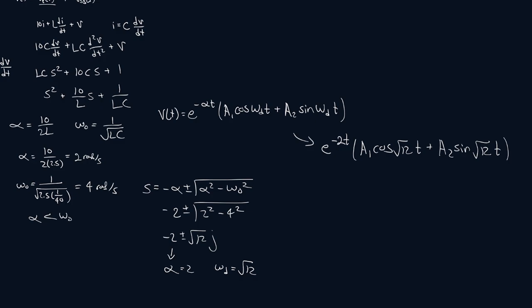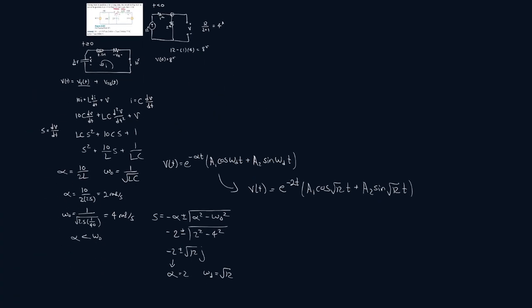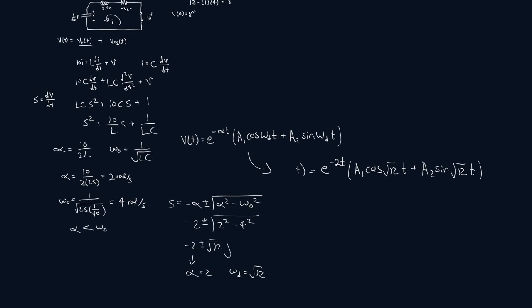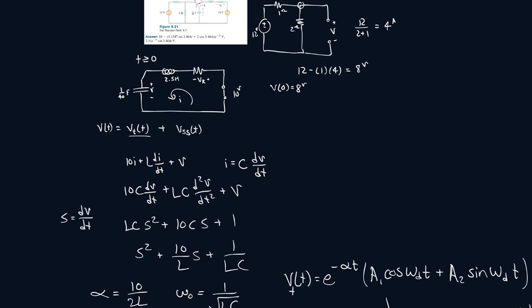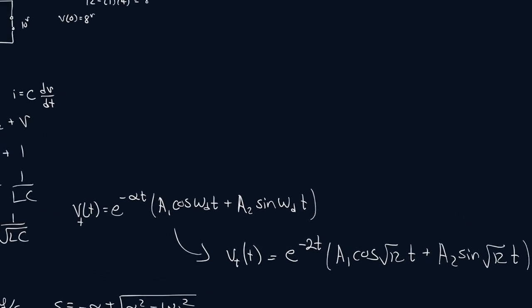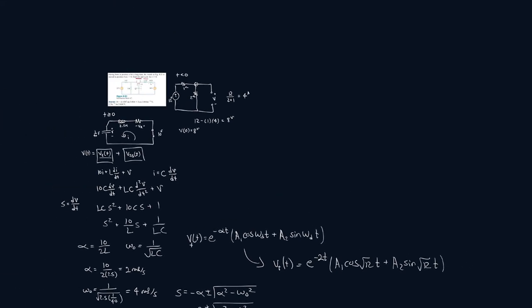Now all we have to do is find A1 and A2, and obviously this is equal to the transient voltage. So if you recall, we just solved for this part. We now have to solve for this part, then add to this to get your VT value, and then we can solve for A1 and A2.